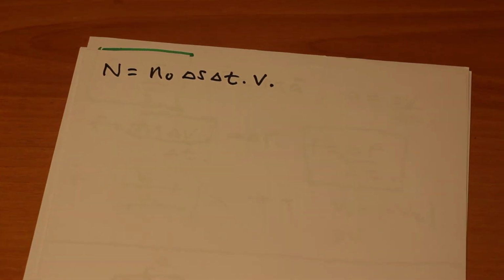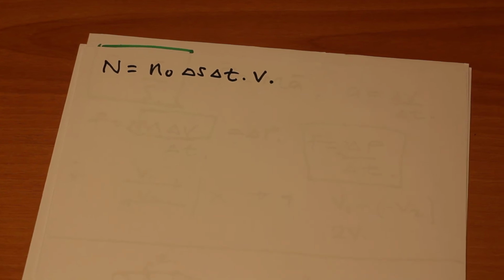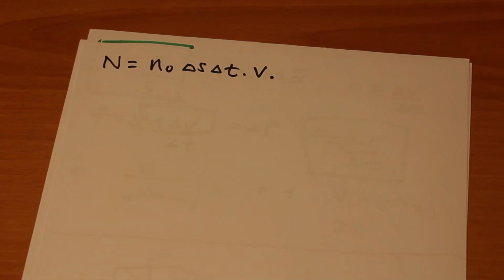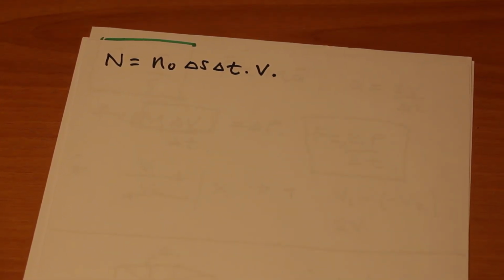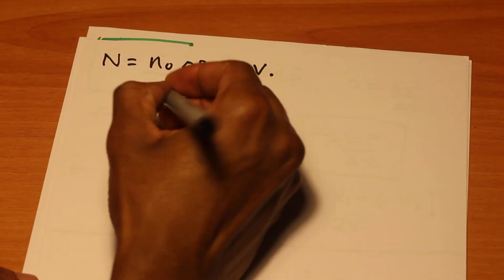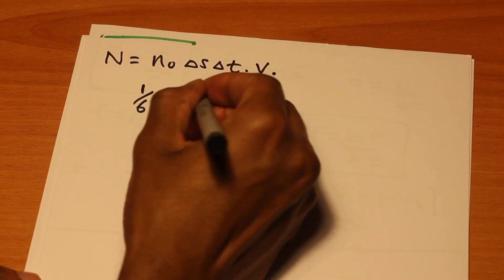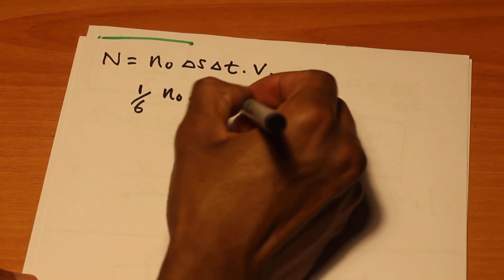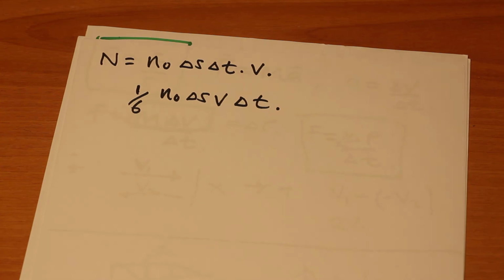And then remember, we are looking for the pressure of one molecule that is moving only in one axis, in one direction of the x-axis. So we are going to say for this specific molecule, you are going to have 1 over 6 times the number of moles times the change in area times velocity times change in time.